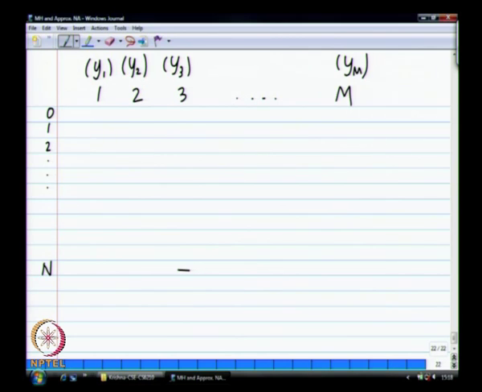So the number of ways of distributing 0 jobs is 1, and so we will initialize these two, the first row and the first column. This is y1.